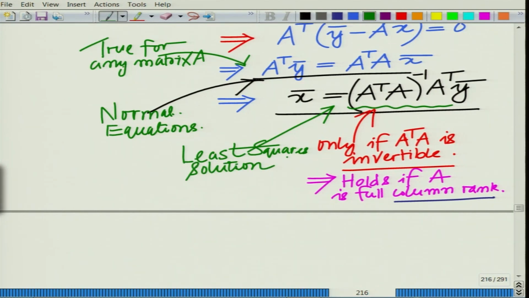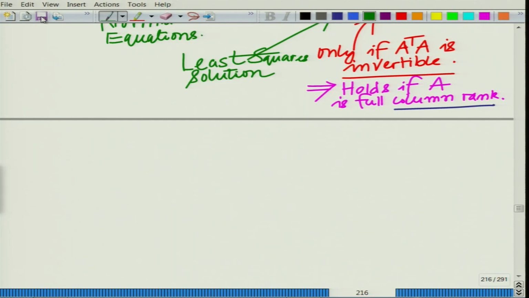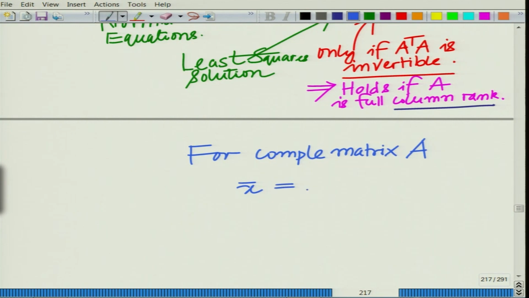For complex matrix A, you replace the transpose by Hermitian, you have A Hermitian A inverse.